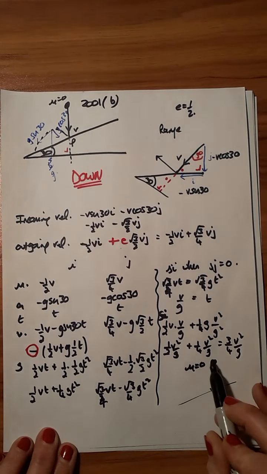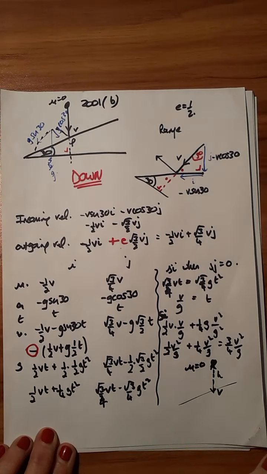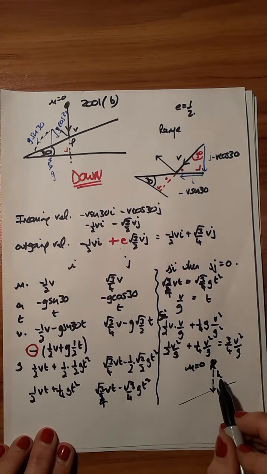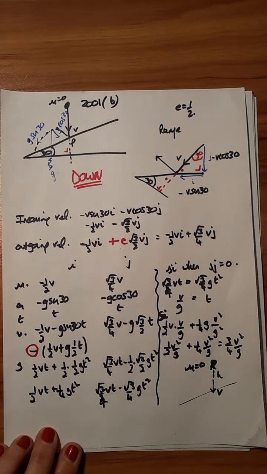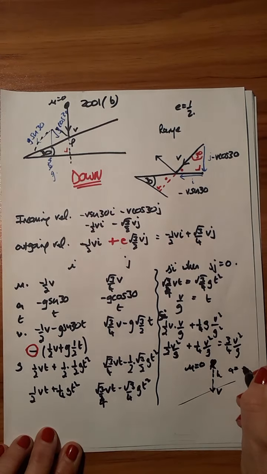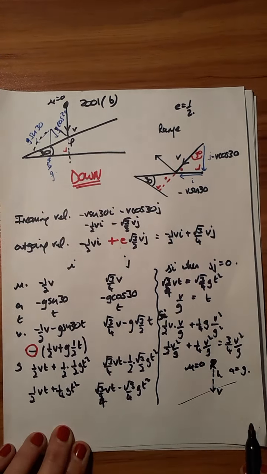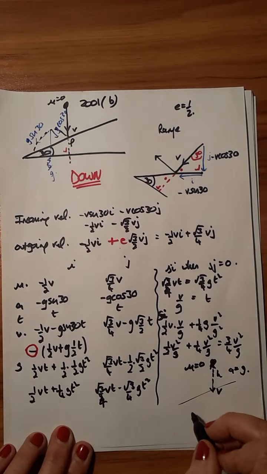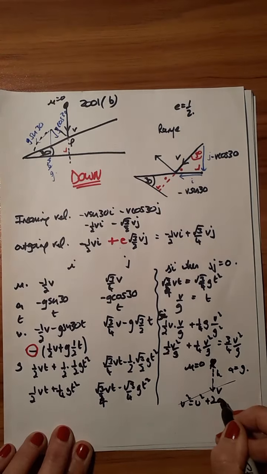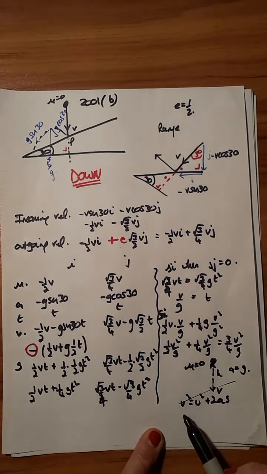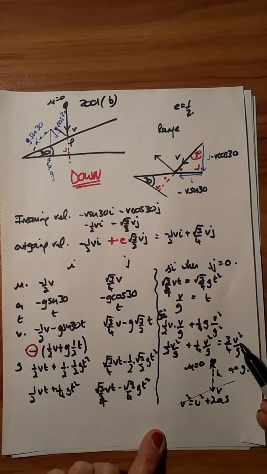So using this bit of information at the very beginning of the question, u is 0, s, or the distance it falls, is h. It's falling freely under gravity, so the a is equal to g. That means that if I use v squared equals u squared plus 2as, that will give me an expression for v squared, which I can sub in here.